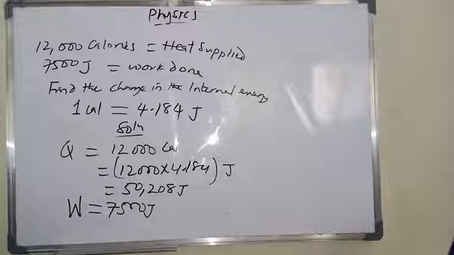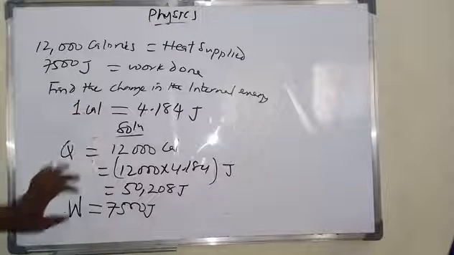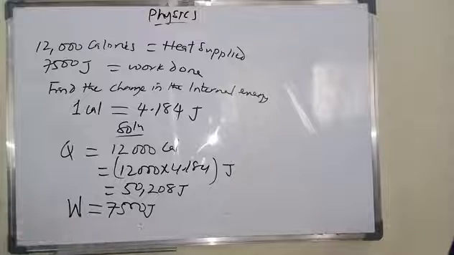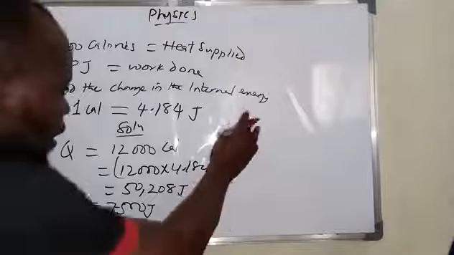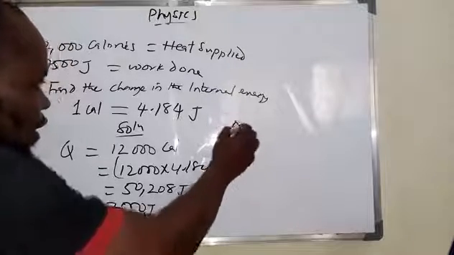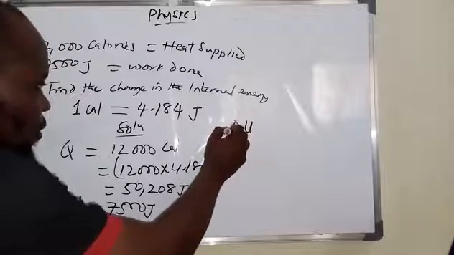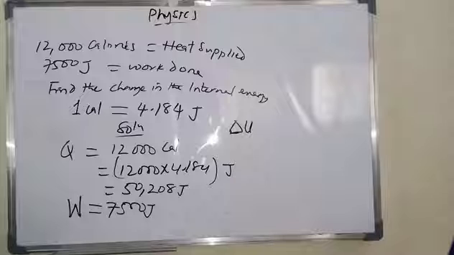Then the question now says we should find the change in the internal energy. So the change in the internal energy as this quantity of heat supplied produces a work equal to 75000 joule. Symbolically, the change in internal energy is delta U. Internal energy is signified U, the total energy in the system.